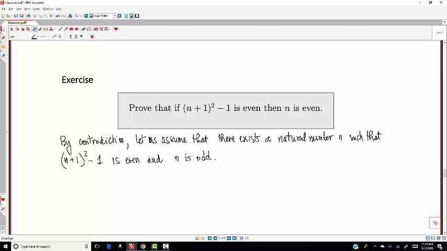Okay, all right, so then thus there exists some integer k such that n is equal to 2k plus 1.